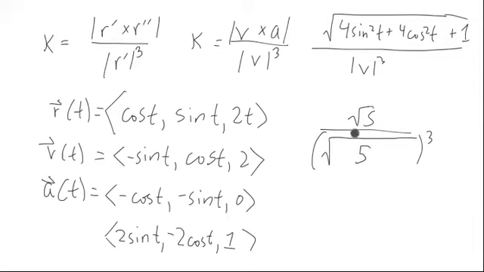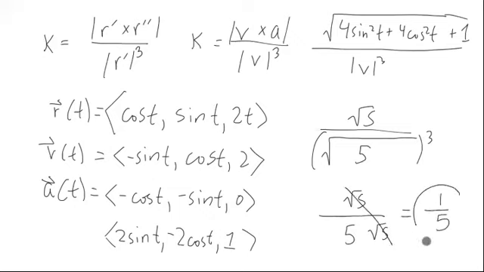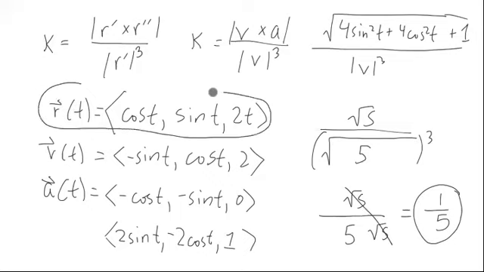And so we end up getting square root of 5 all over, now, square root of 5 quantity cubed is square root of 5 squared times square root of 5. And square root of 5 squared is just 5. So those cancel, and we end up getting 1 over 5. And so 1 over 5 is the curvature of this helix right here described by that particular formula.